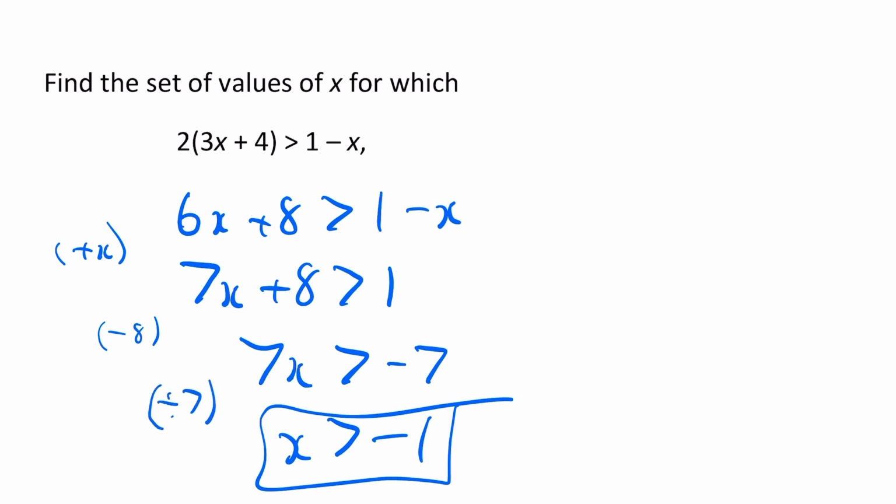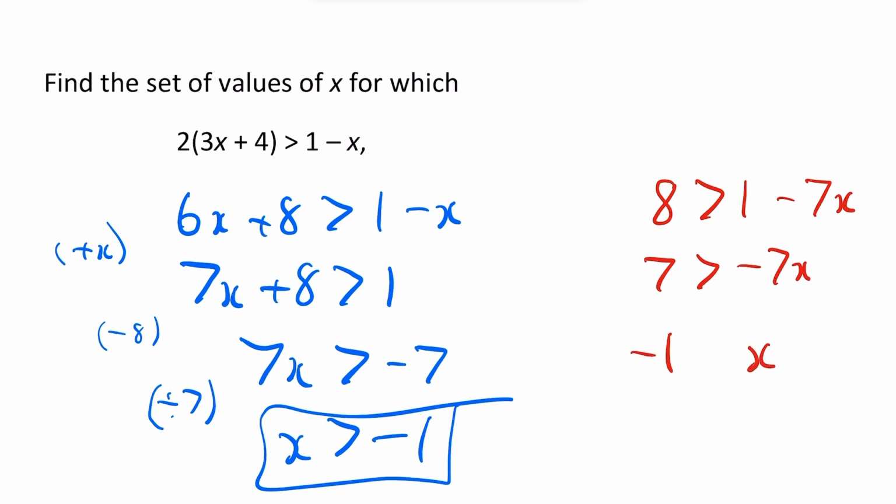Now, the one thing to be cautious of on this is that you can divide by a negative, but if you divide by a negative, it swaps the sign around. Let's see what happens if I did it the other way around. If I took the 6x off the other side and then took away 1, if I divide by minus 7, I would get minus 1 there and x there, but it wouldn't stay that way around.